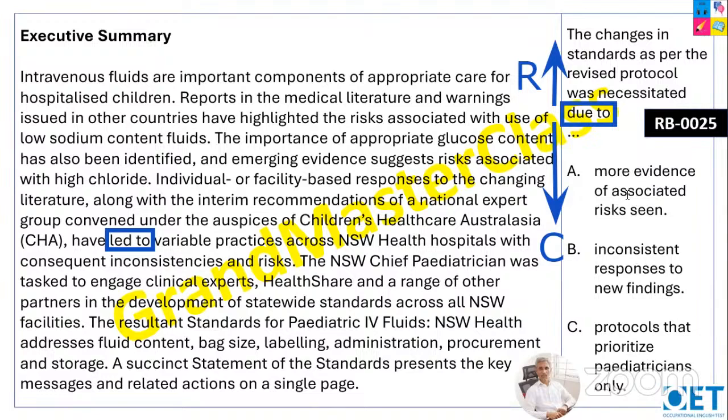Now you can understand very clearly. So I'm trying to do everything possible so that you can understand. So this is result due to a cause. So you can understand that very clearly.